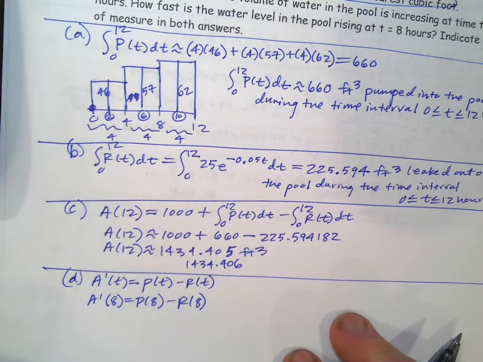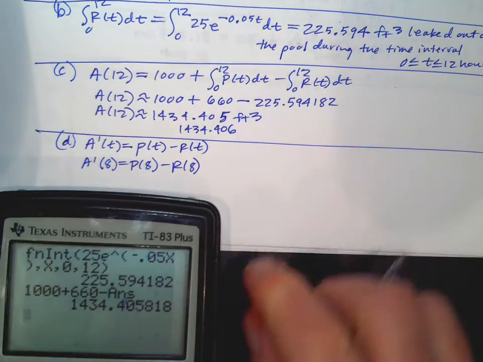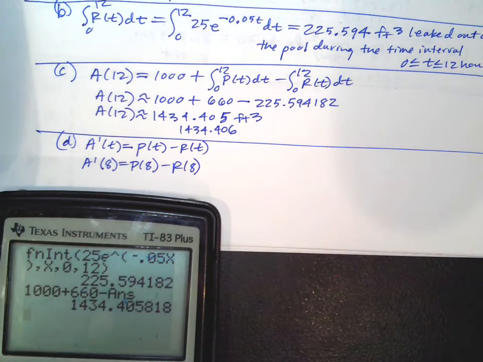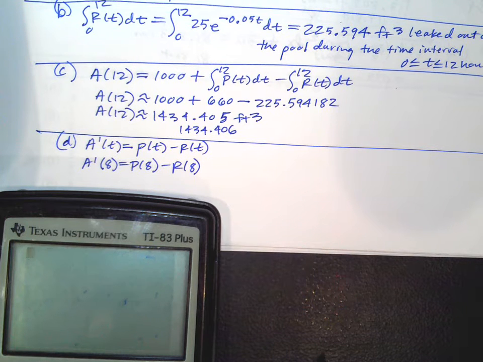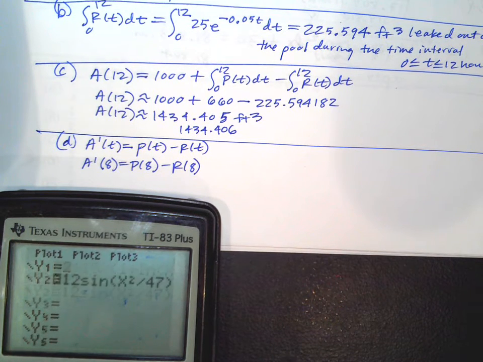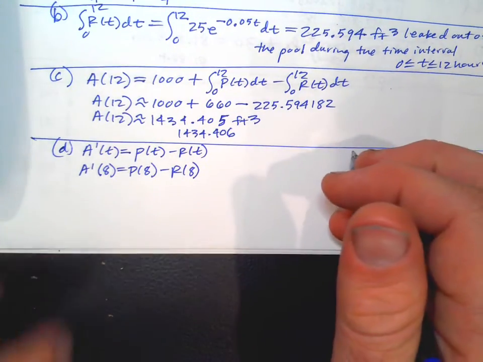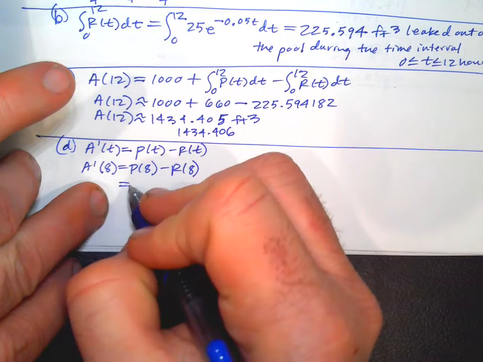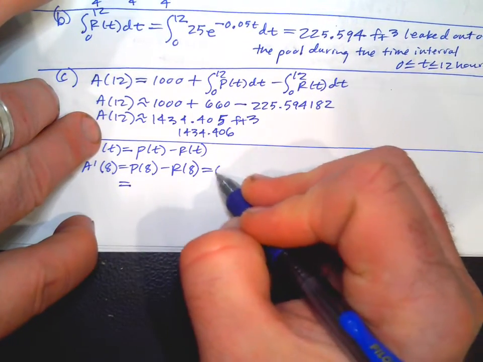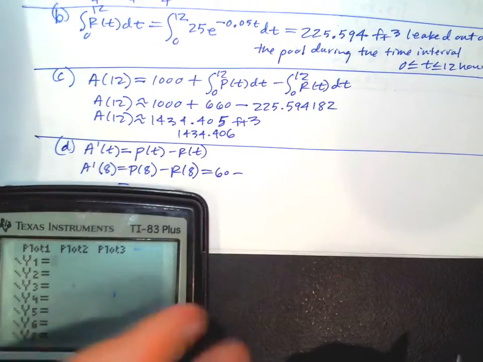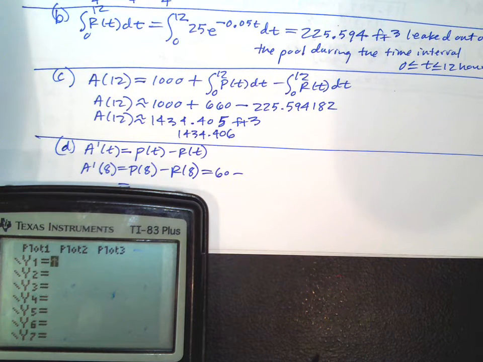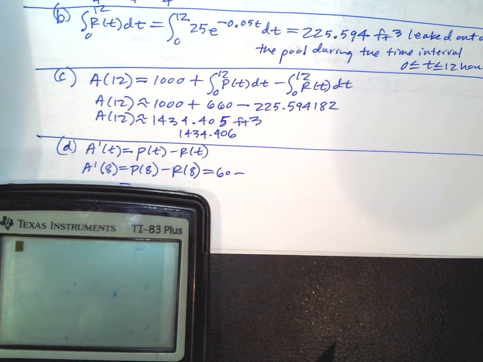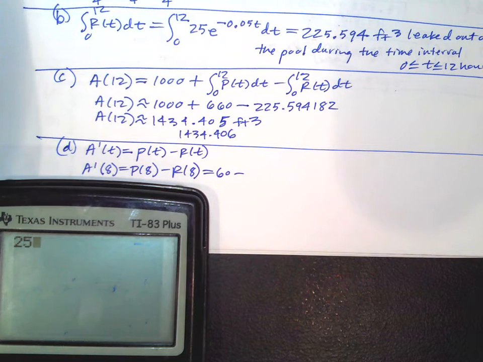Now, I kind of wish I put these in my Y menu. I'm going to go and do it right now. I probably should have just done it from the beginning. Well, P(8) is actually in the table. That is 60. And then R(8), whatever, we could just do it on the home screen. It's going to be 25 e to the negative 0.05 times 8.